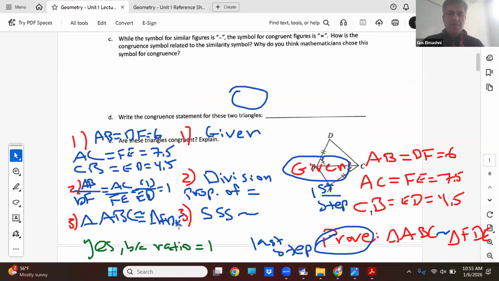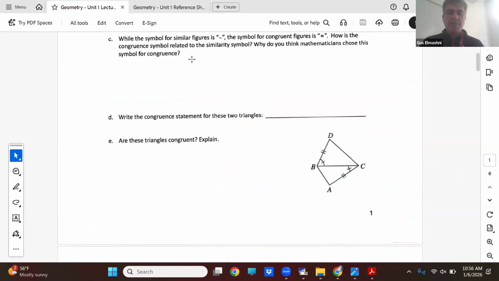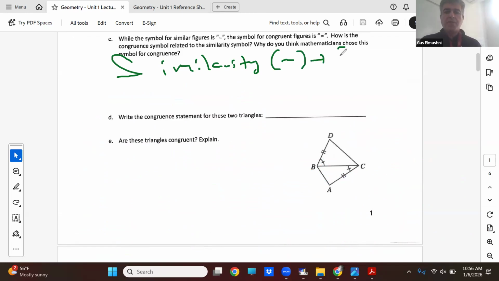So for part C, we talked about the symbols, right? We know that just a squiggly line is similar, but an equal sign under the squiggly line up top is going to be congruent. So how's the congruent symbol related to the similarity symbol? Well, similarity, which is a squiggly sign, means same shape.